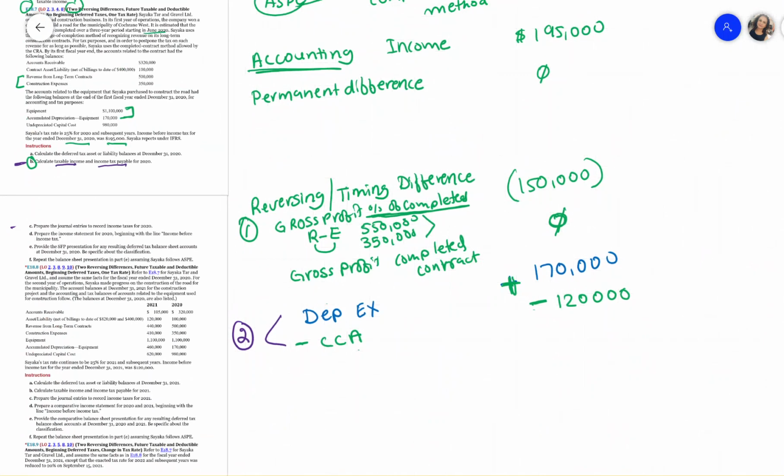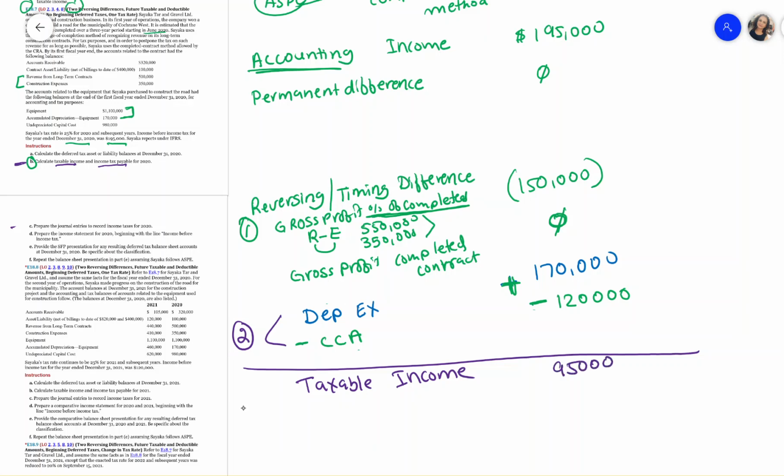When calculating that, you take your accounting income, subtract your permanent difference, and subtract your reversing difference. Once you've done that, you have your taxable income. In this case, you take 195,000 minus the 150,000, add the 170, and minus the 120,000. Altogether that gives me an answer of 95,000.